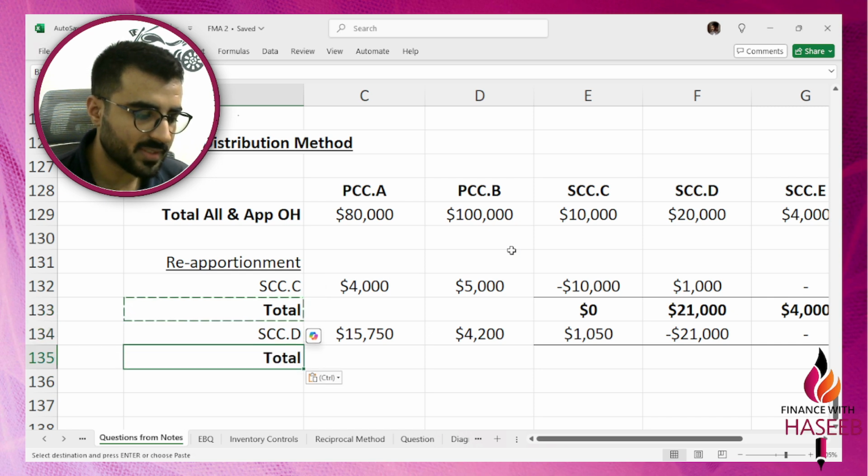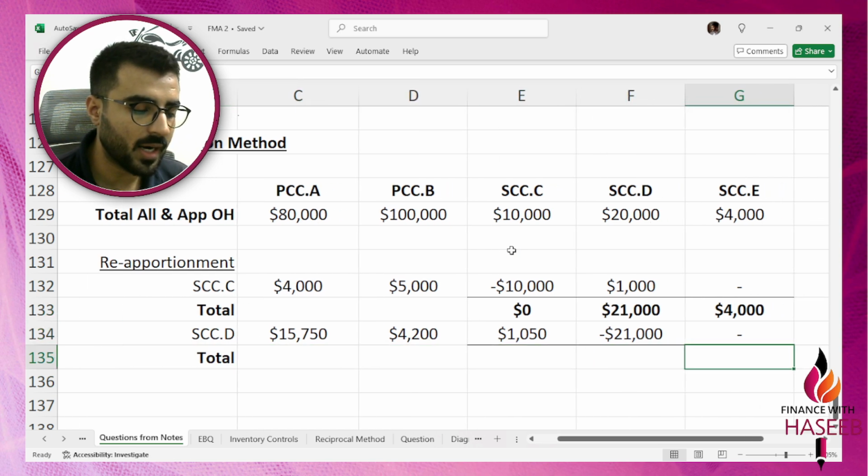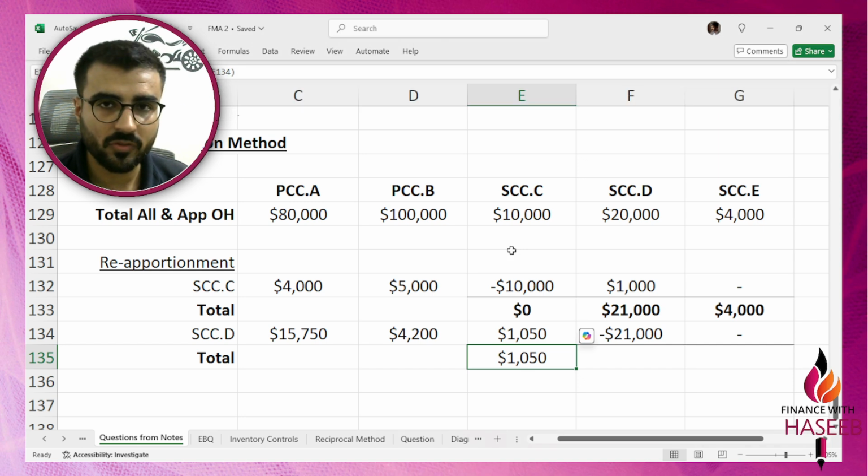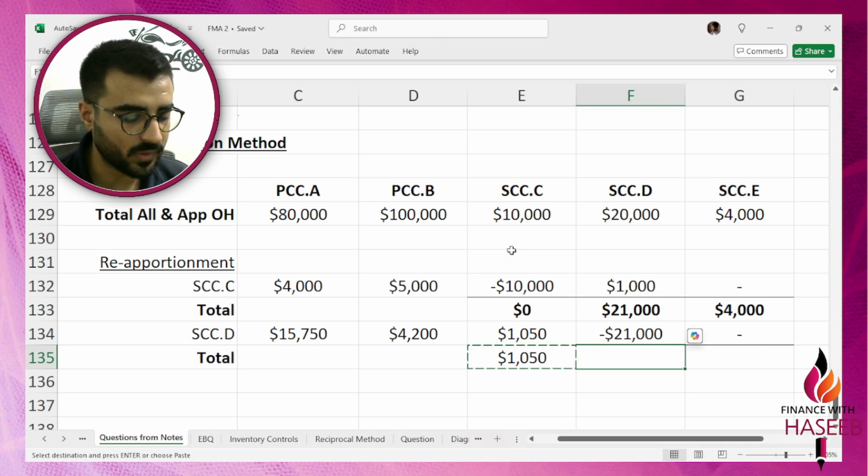So this total step is very important. If you are adding the line of total, then this significantly reduces your chances of making an error in the calculation. Okay.